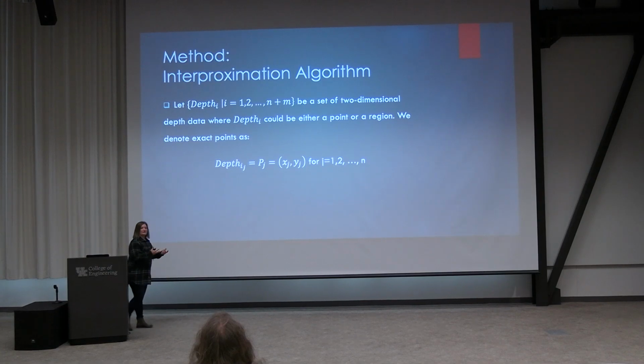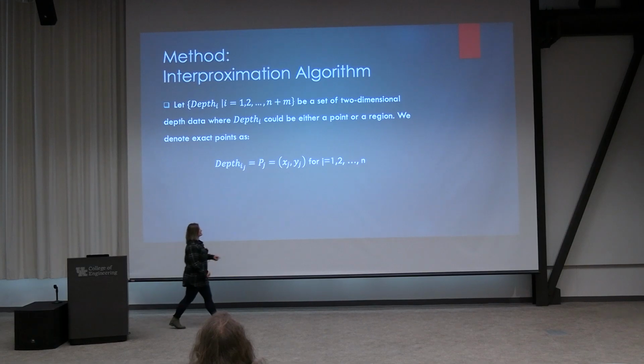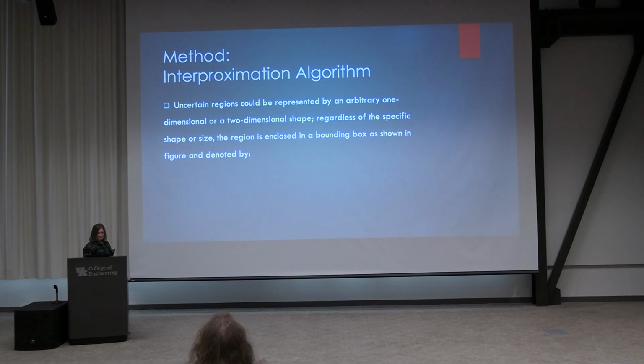For each point, I will have an x and y value, and all of those will be in a set from 1 to n, and this set will represent exact points. Uncertain regions will be represented by the centers of those regions and offsets where it starts, the top left corner and bottom right corner.